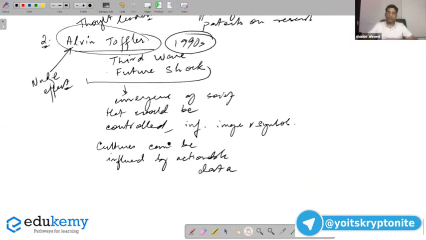Okay, so Alvin Toffler, he wrote two books, The Third Wave और एक किताब था Future Shock. In these books, he talks about emergence of a society that could be controlled by information, by images, by symbols, cultures that can be influenced by actionable data.